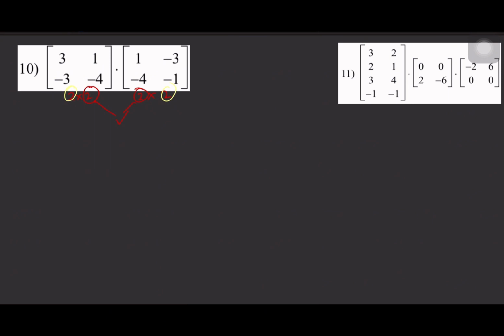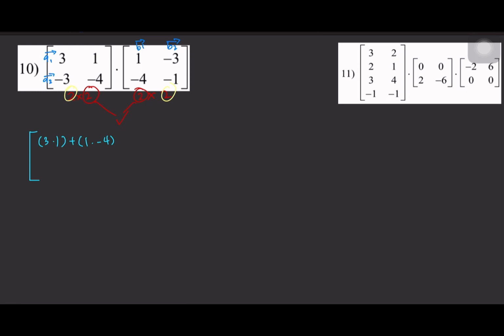Okay. Now, remember, we can denote row 1 as A1, row 2 as A2, column 1 as B1, column 2 as B2. Take A1 multiplied by B1, with 3 times 1 plus 1 times negative 4.